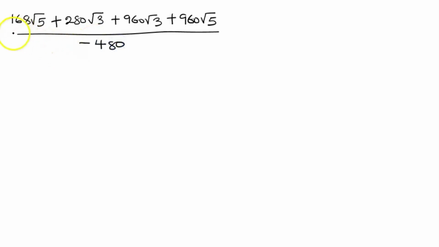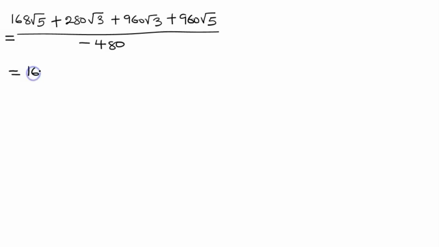Okay, so now what do we do? I told you that we said we should collect like terms. So how do we collect like terms? We look at sorts that are similar, then we bring them together. How do we know sorts that are similar? We simply check those that have the same root form. I can see root 5, root 5. So those two are similar. So I bring them together.